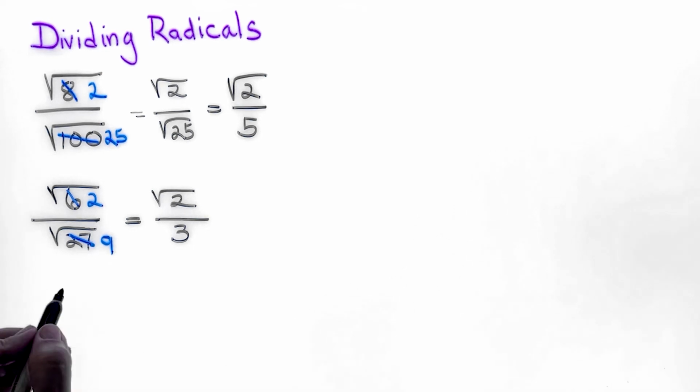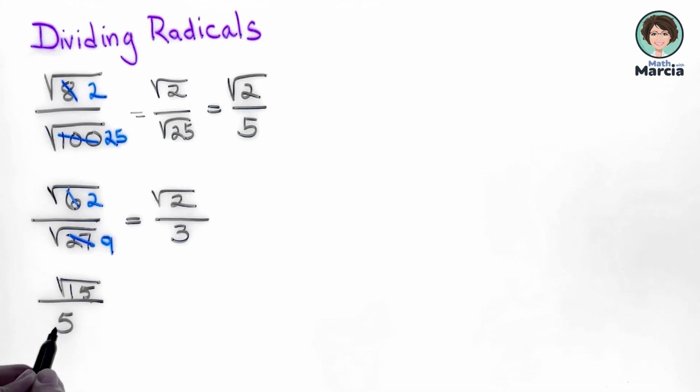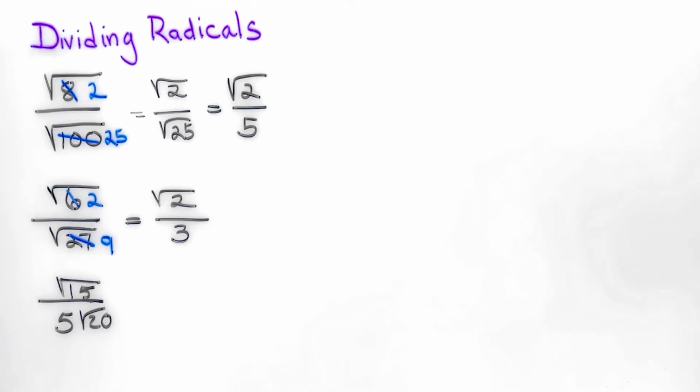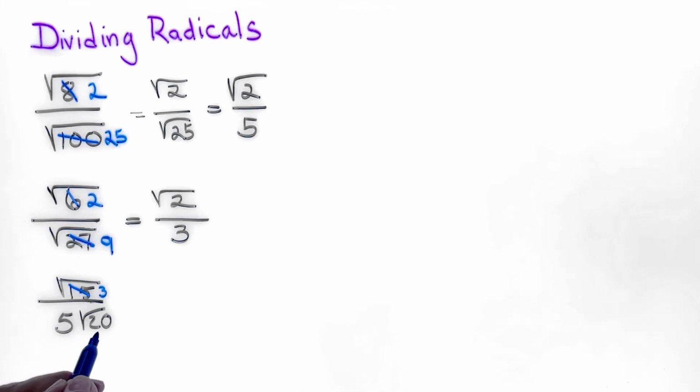And last but not least, let's try one more. The square root of 15 over 5 times the square root of 20. Well, looking again at our radicands, I see that they're both divisible by 5. So the square root of 15 divided by 5 is 3, and the square root of 20 divided by 5 is 4.